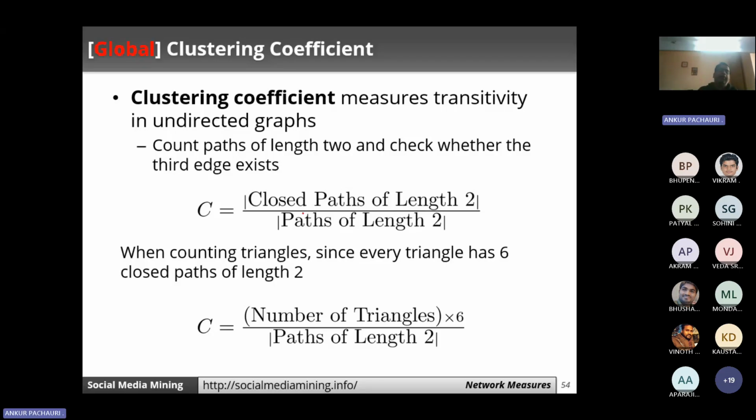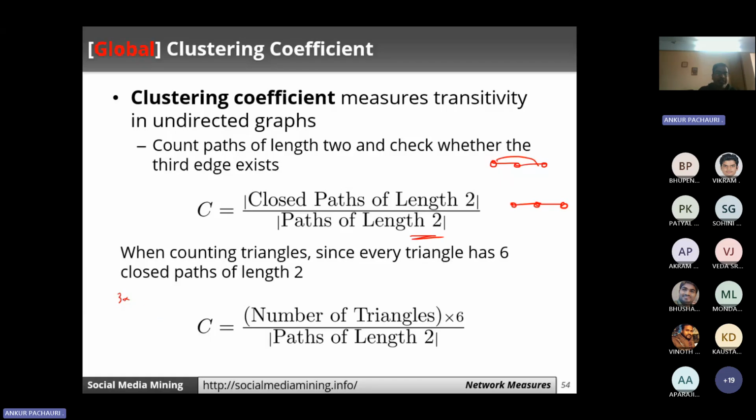There we were talking about the triplet. A triplet means three nodes connected together, ultimately paths of length 2. Overall, all the paths of length 2 means this one. If you do remember, we multiplied the number of triangles by 3 if the orientation matters.